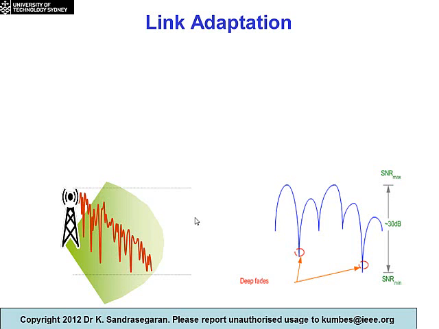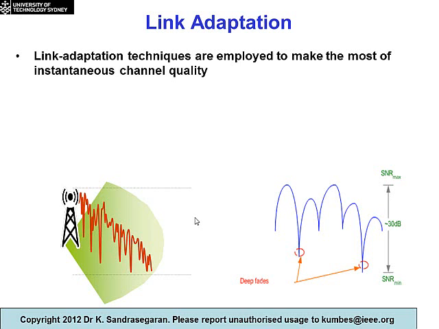Within a few milliseconds, the SNR, the received signal to noise ratio, can drop by up to about 30 dB. So this is why we use link adaptation in LTE, to overcome these kinds of problems associated with the rapid change of instantaneous channel quality.